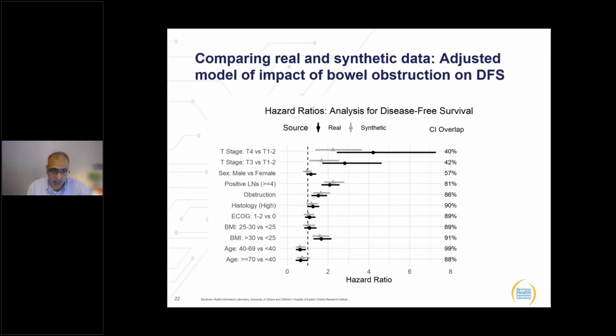In general, we get similar answers between the real and synthetic data sets for all the parameters, but really the focus in this analysis was obstruction, which is right here. So this is encouraging, given that it's a somewhat complex data set, and we're able to get pretty close results between the real and synthetic data sets for the replication use case that we mentioned earlier.